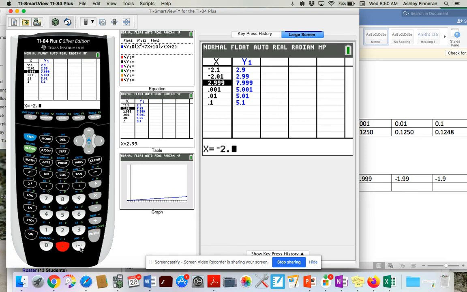Negative 2.001. See that 2.9 I was accidentally typing in a second ago. And then we have negative, I still have to click this, 1.999, negative 1.99, and then negative 1.9.